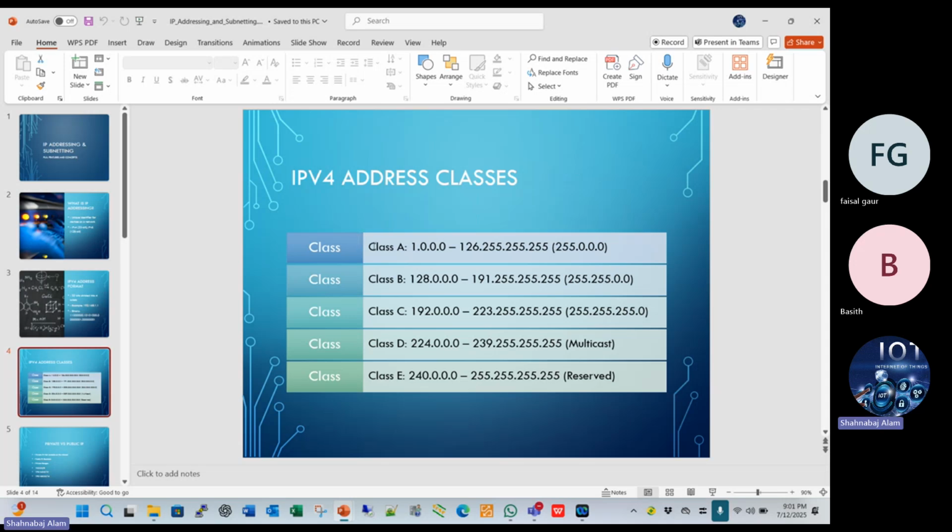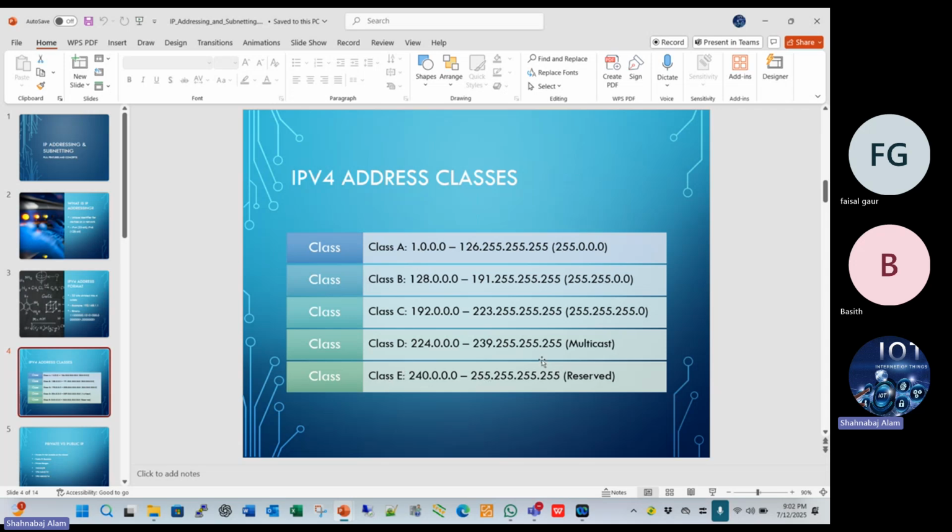Class A is 0 to 126, and 127 is used for loopback. Class B uses IP addresses 128 to 191, and class C uses 192 to 223. Class D uses 224 to 239. Class E uses 240 to 255.